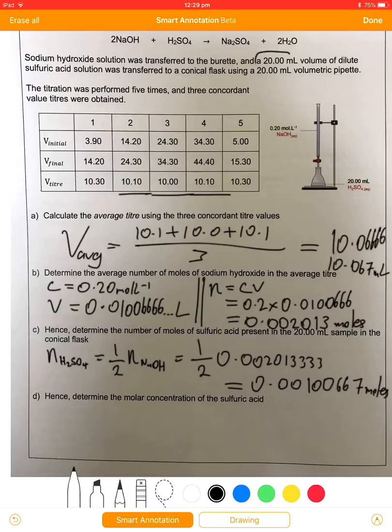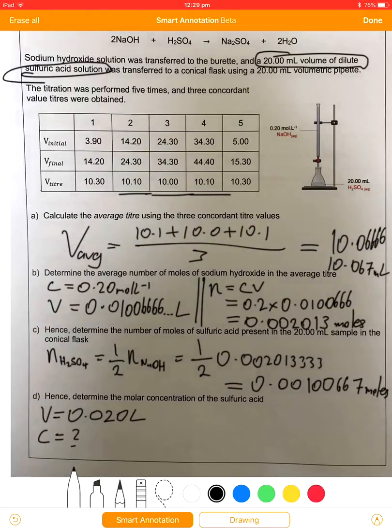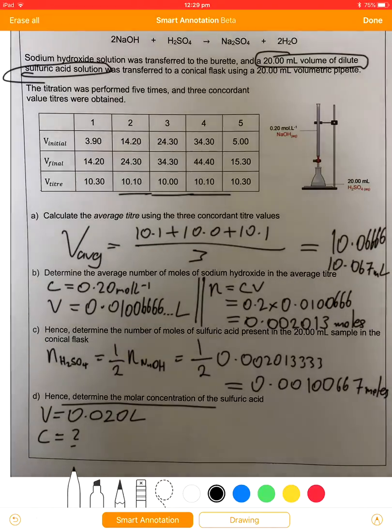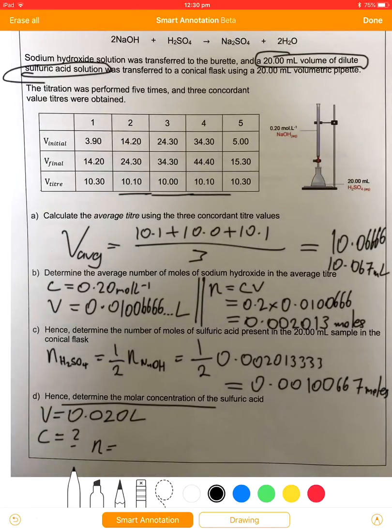Hence, determine the molar concentration of sulfuric acid. We're told up here that a 20 millilitre volume of sulfuric acid solution was put in the conical flask. So our volume is 20 millilitres, which we're going to write as 0.020 litres. Our concentration, we don't know because that's what we're trying to determine. Our moles equals 0.00100666, etc., from up here.